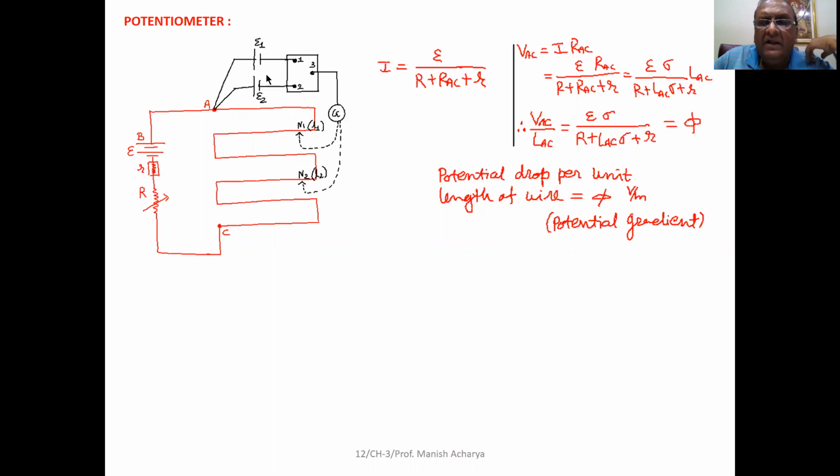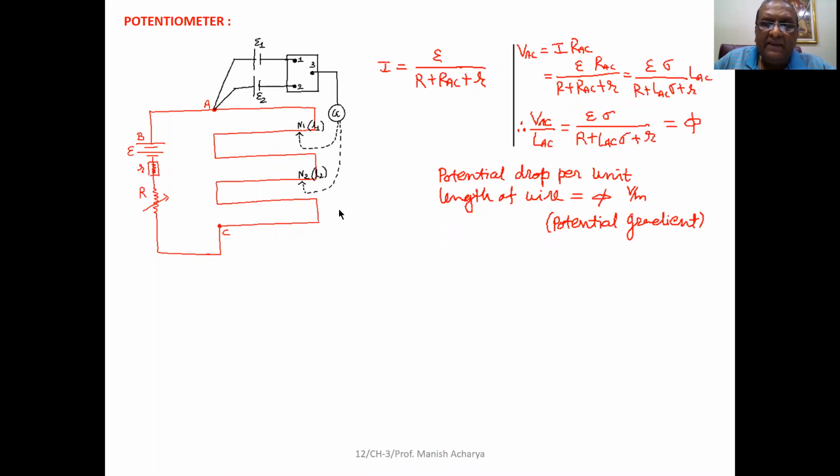Now, with the help of the jockey key, you have to find the null position on the potentiometer wire. Suppose the jockey key is placed at point N1. So the length of the potentiometer wire from A to N1 is, suppose, L1.